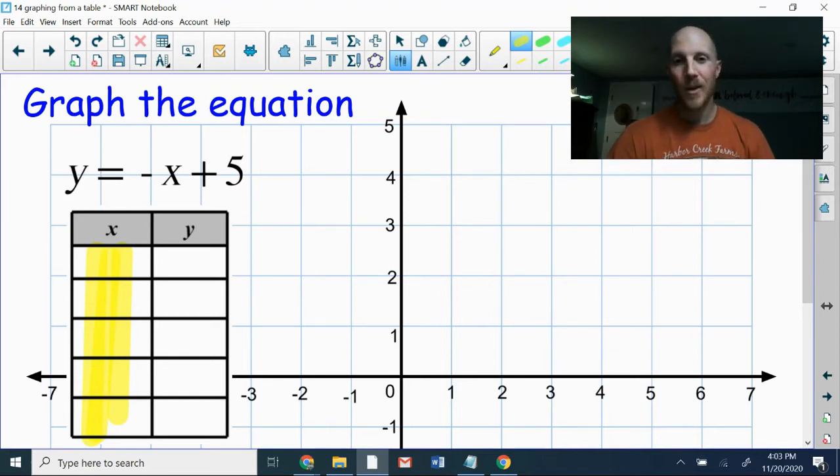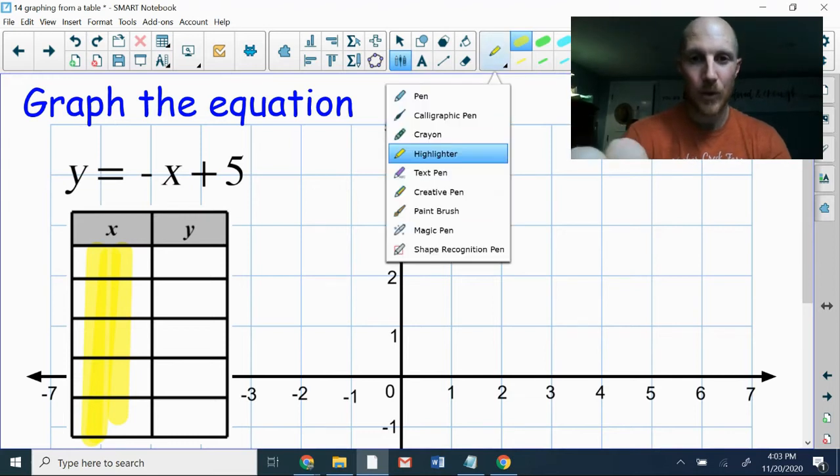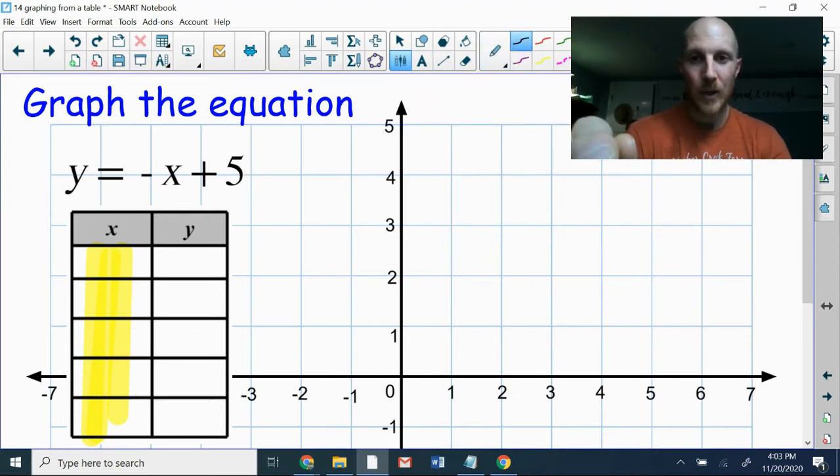And just some helpful pointers here. When you're selecting your X values, smaller numbers are going to be easier to work with, whether they're positive or negative. 0 is going to be the easiest, followed by 1, and depending on your comfort level with negative numbers, those might be easy, depending on the equation in the graph, or smaller positive numbers.